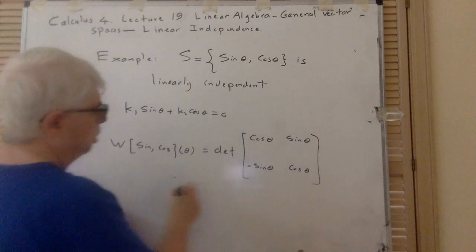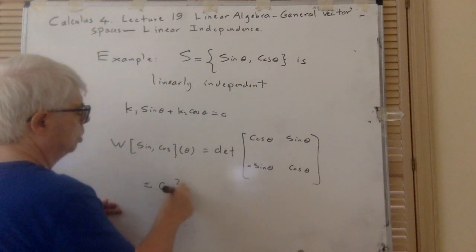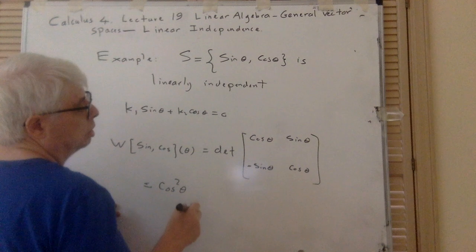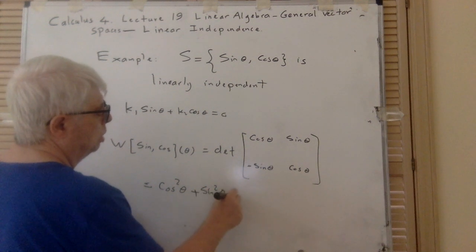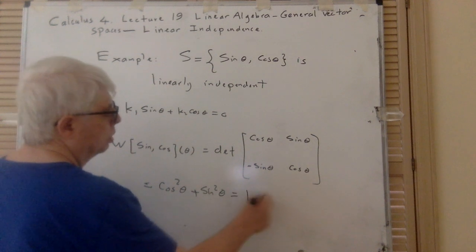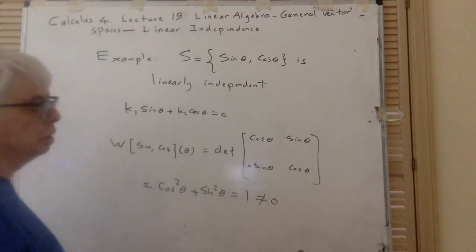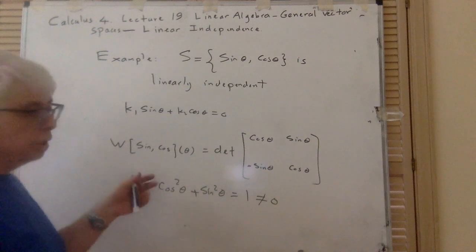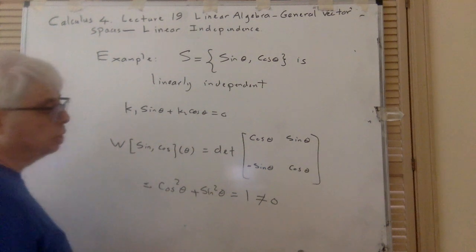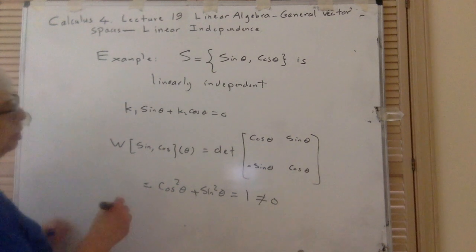So the determinant is cosine squared theta minus minus sine squared theta, which is plus sine squared theta, and this is 1. And this Wronskian is 1, not 0. It doesn't depend on theta, but it might depend on theta in general, but it's not 0 at all, not identically. So we say that they are linearly independent.